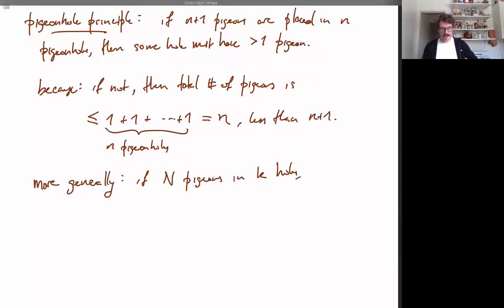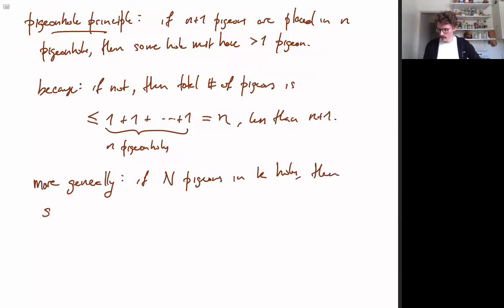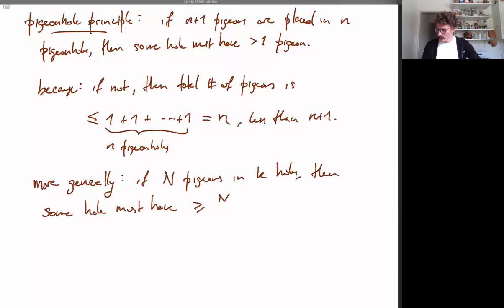So these can be any numbers. If N pigeons are placed in k holes, then some hole must have at least the ceiling of N over k pigeons.